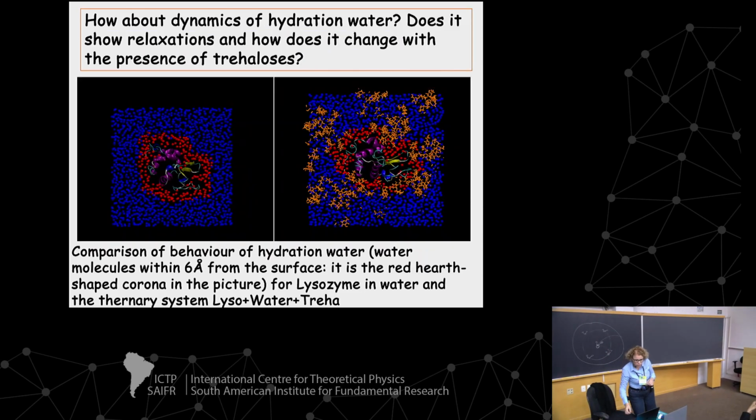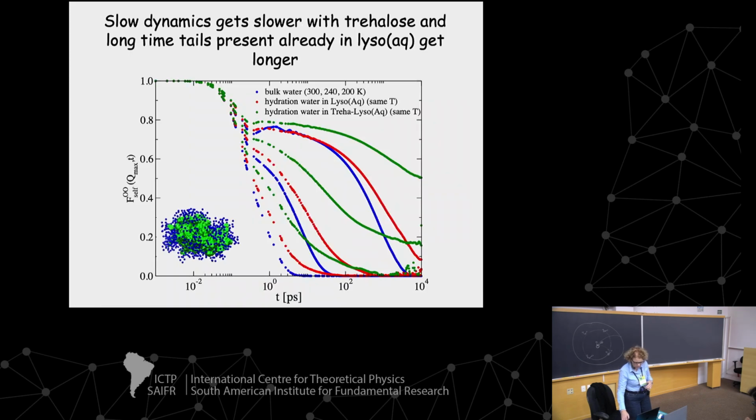As I told you the second day during the seminar, we wanted to see what kind of relaxation we have when pure hydration water is close to the surface of a protein. And then we wanted to see whether there is a change when we add the trehalose. So now you are very familiar with this correlator, as we have been talking about them for 4 lessons today.